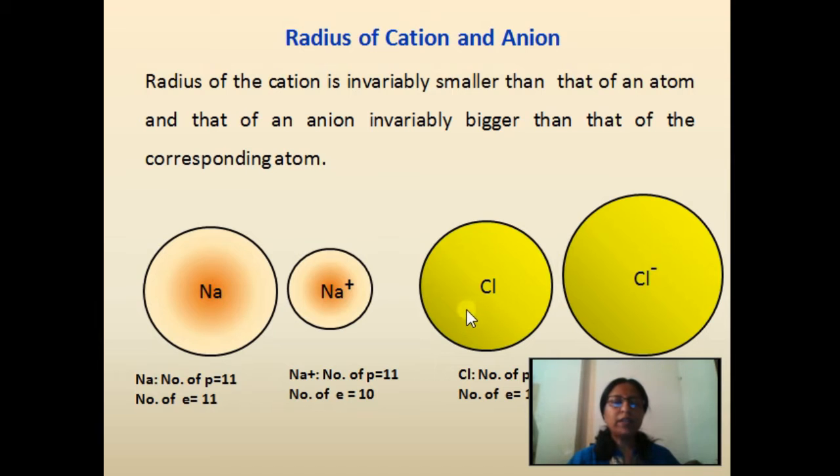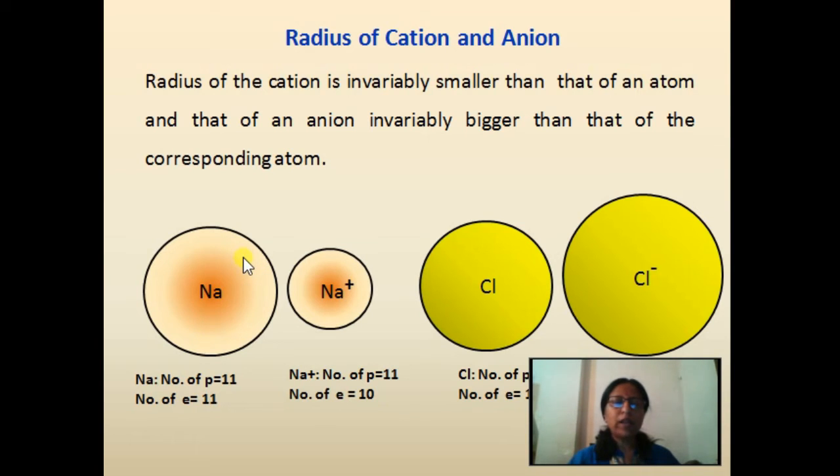So why is this happening? You see here I have taken the example of sodium and Na plus, and chlorine and chloride minus. In sodium, we know the atomic number of sodium is 11. So the number of protons in the nucleus is 11, and in the neutral atom the number of electrons is also 11.